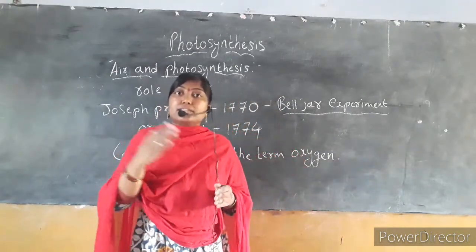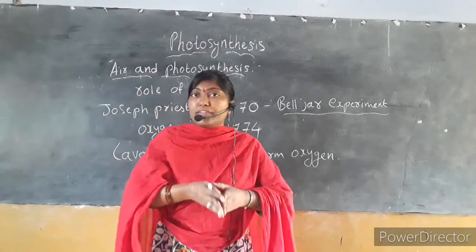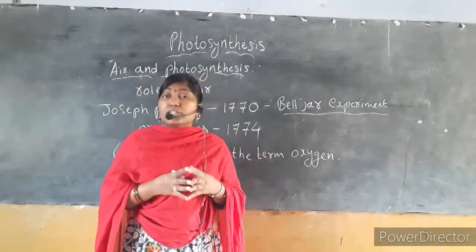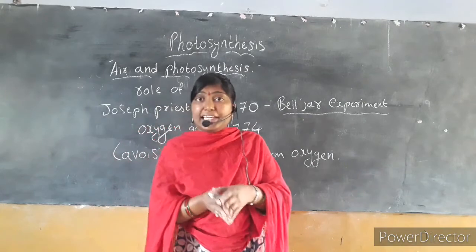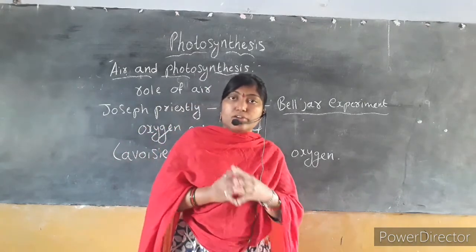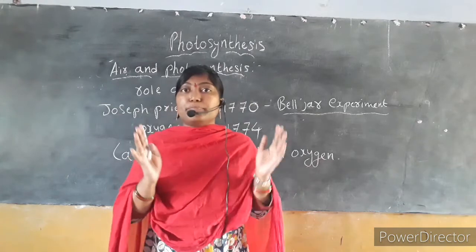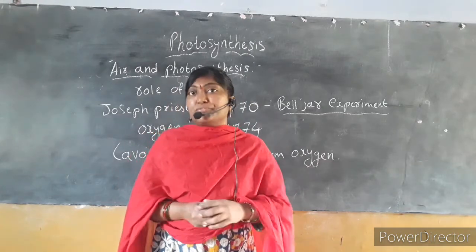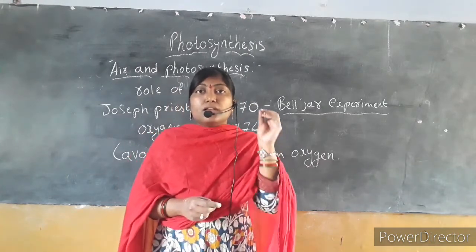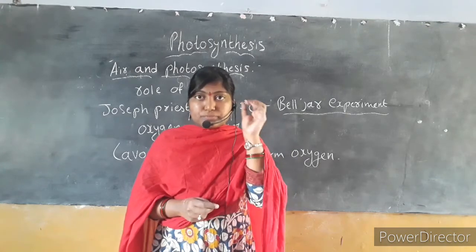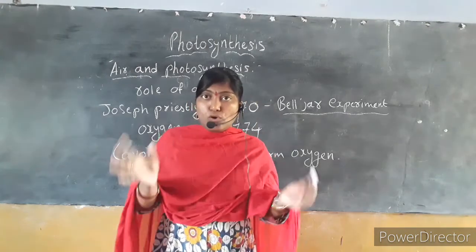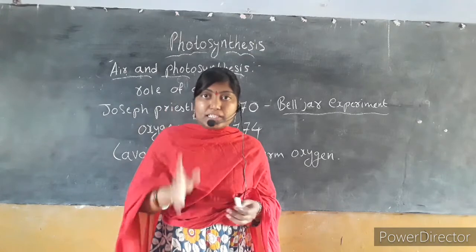During that experiment he discovered the oxygen gas and the importance of air during the process of photosynthesis. I will explain it in the form of a picture, so listen carefully. After listening, you have to make notes along with the diagrams.